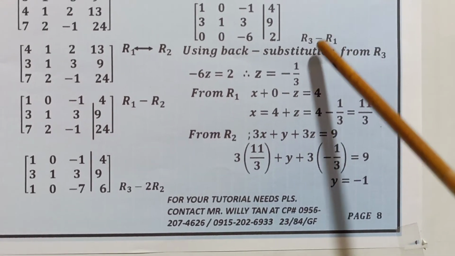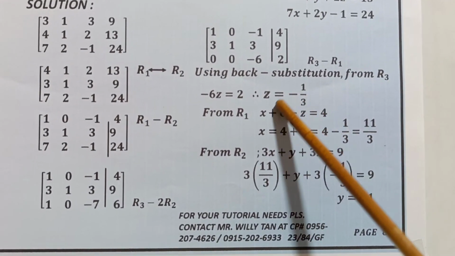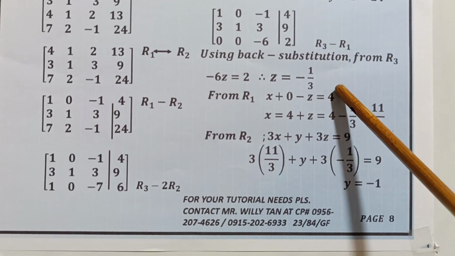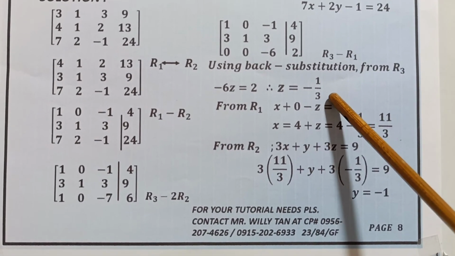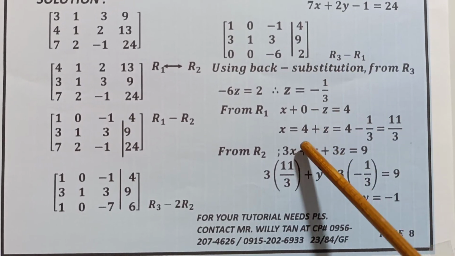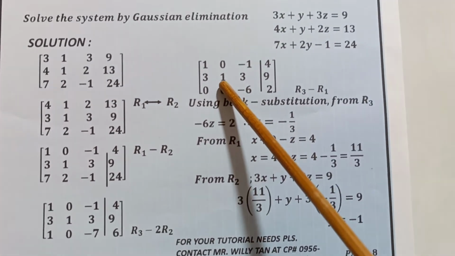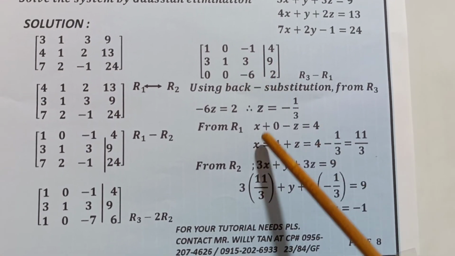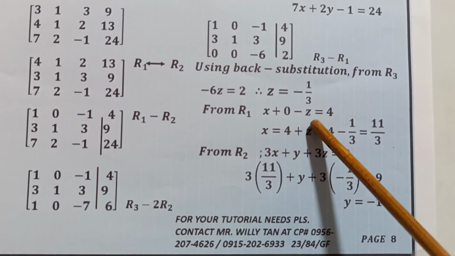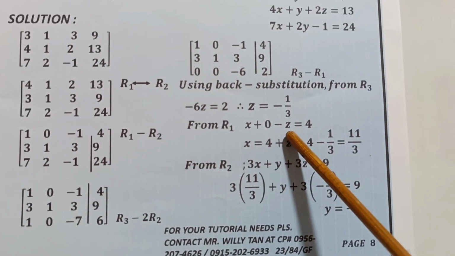From row 1 here, since we have the value for z to be negative 1/3, x plus 0 minus z is equal to 4. The value of z is equal to negative 1/3.